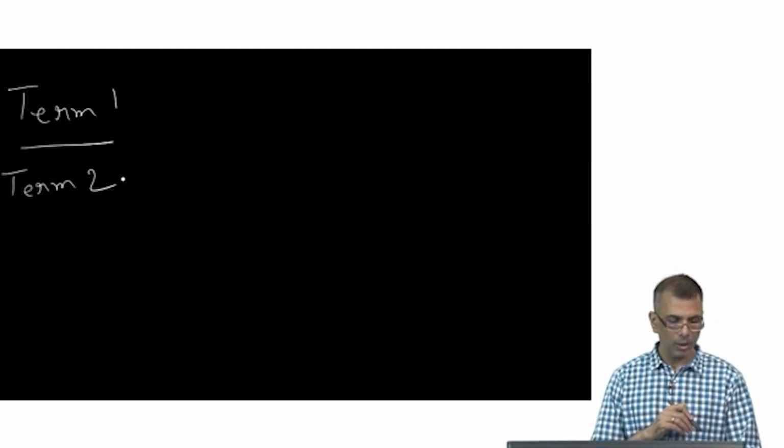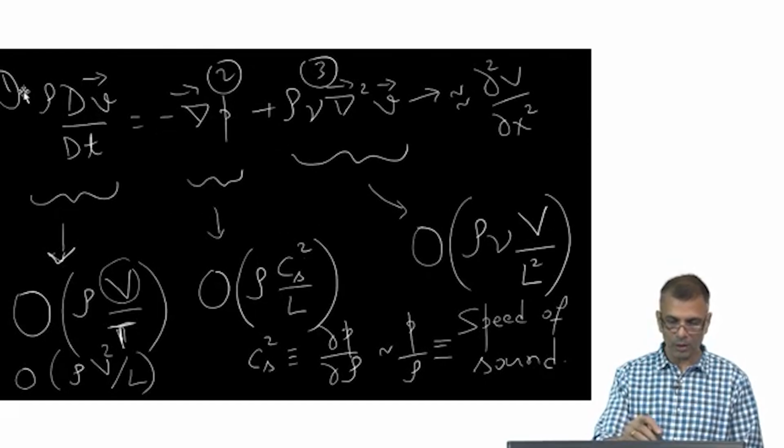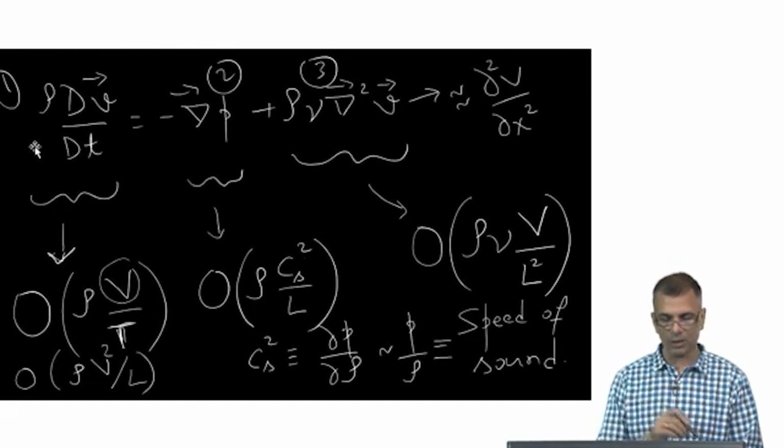Now the ratio of term 1 to term 2. The term 1 you see is what one would call the inertial term.